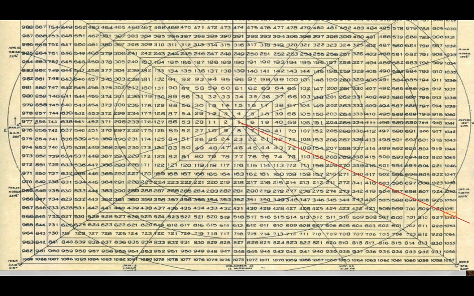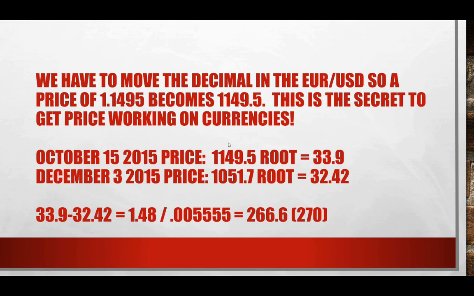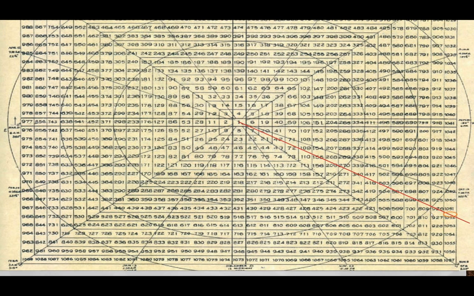Once again, if we go back here, okay, our low price of 1051.7. Where is that on the square of 9? We take and we draw a line from 1, which is our center, out here. And we'll just call it, it's right in this area, but we'll call it 1052.